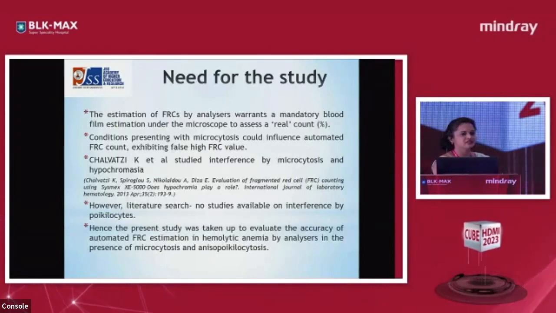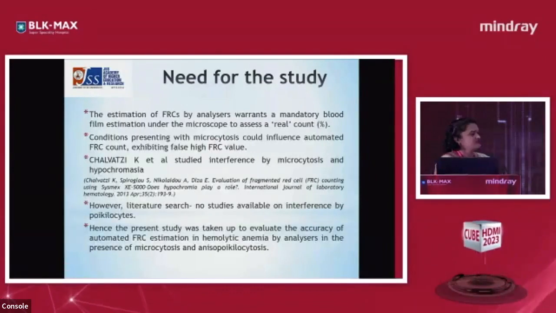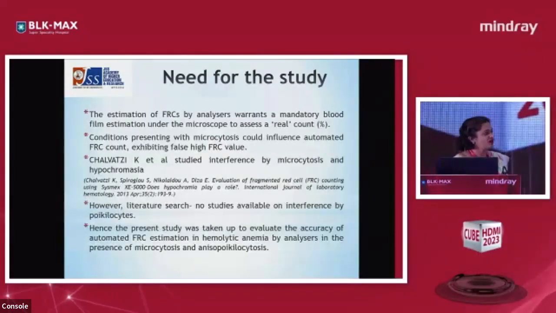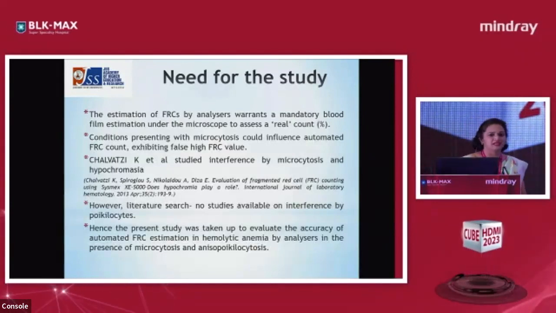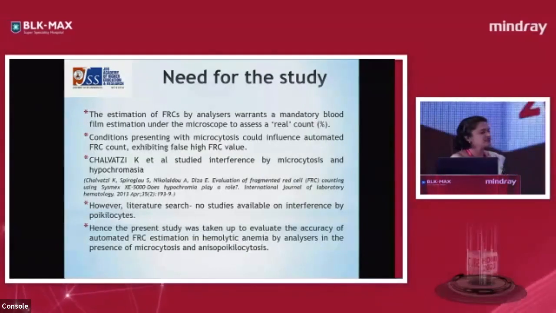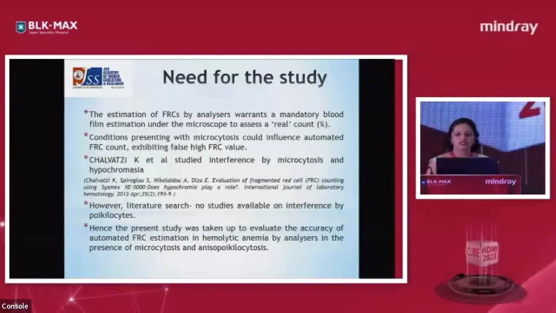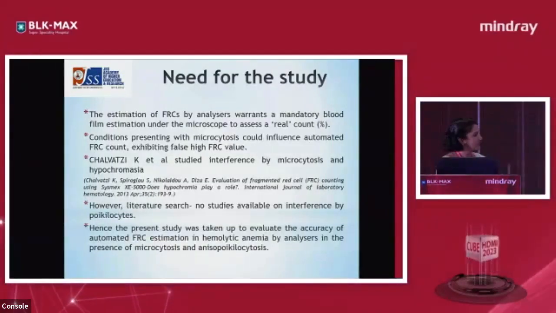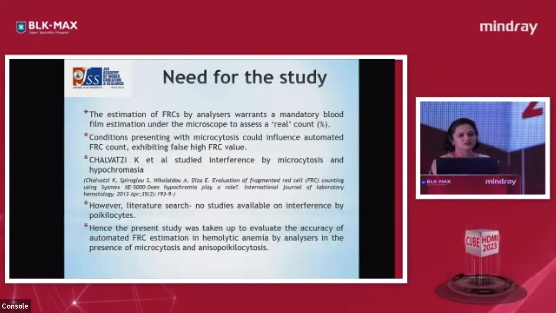So a literature search was done where I came across a study on the interference of microcytosis and hypochromasia on the Sysmex analyzer. The result was that there was no interference of microcytosis, whereas hypochromasia did interfere with the automated FRC counting. There were no studies available on interference by poikilocytes.